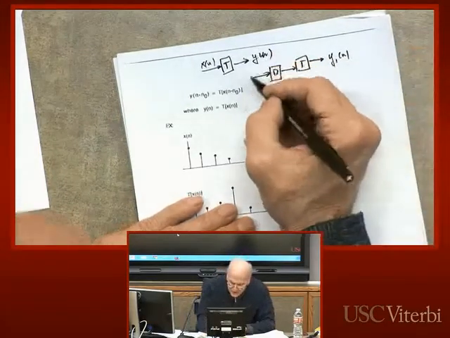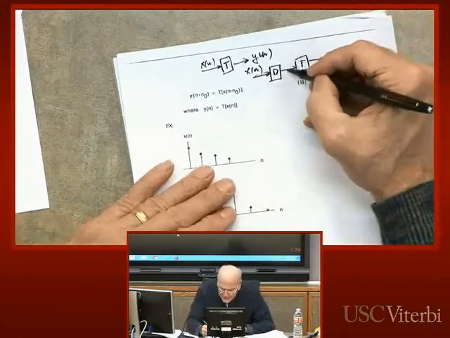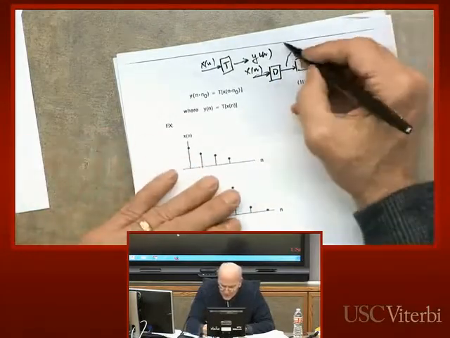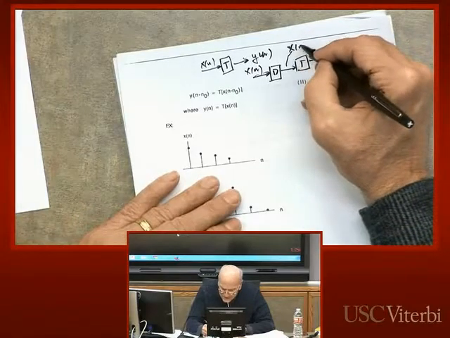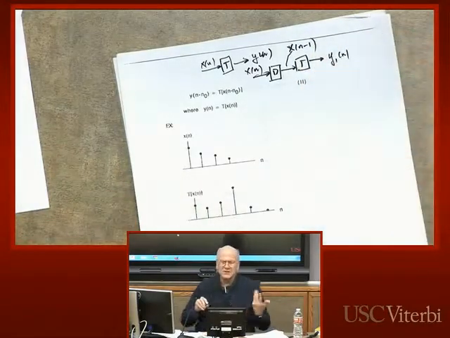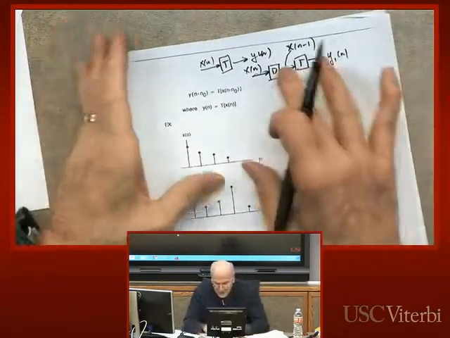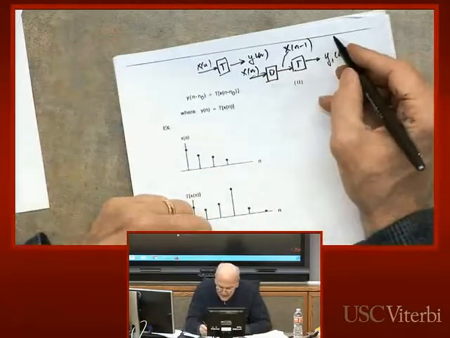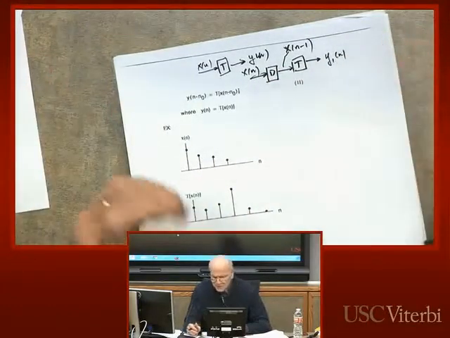So x of n goes in, it goes into this box called D. What is D? D stands for delay, a one-sample delay. We will have different terminology for delay blocks in DSP, but this is as good as any. Then it goes into my system T, and out comes y1 of n.